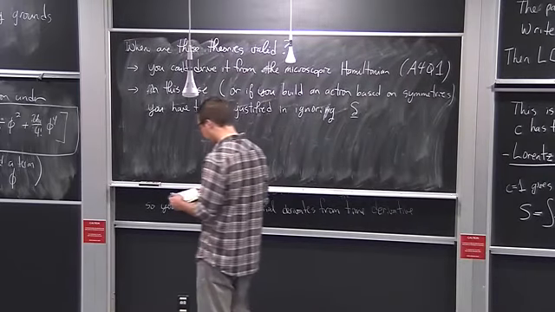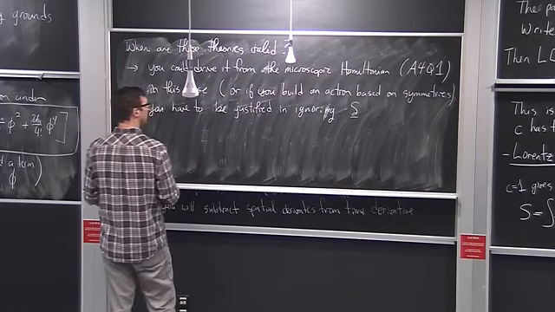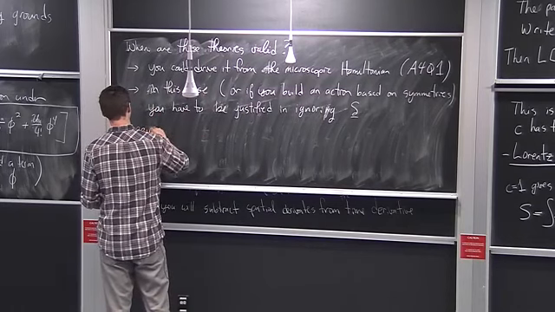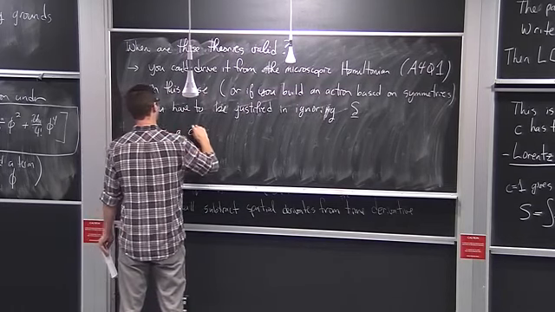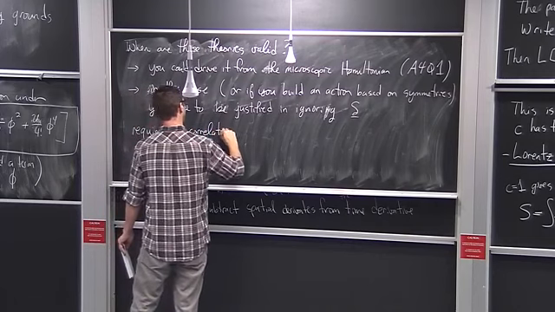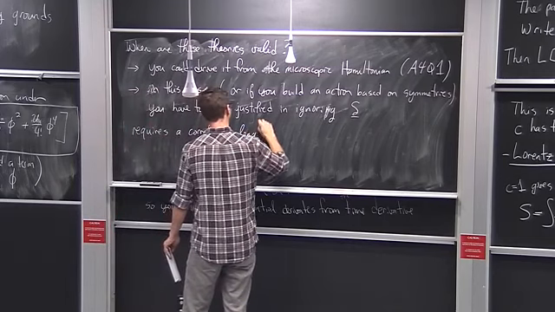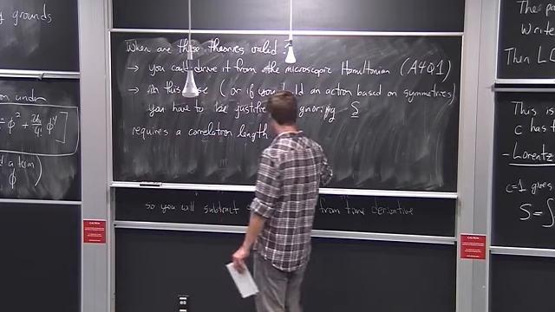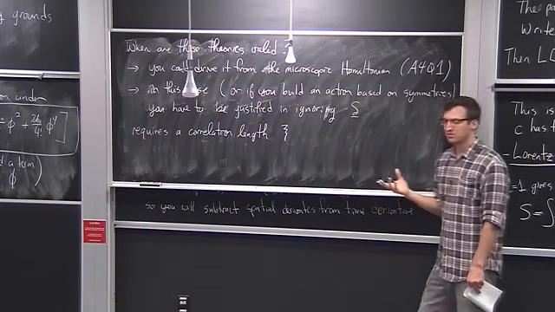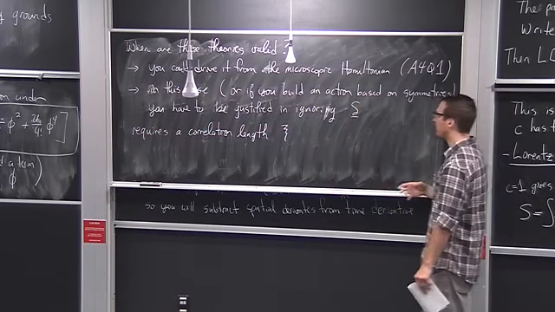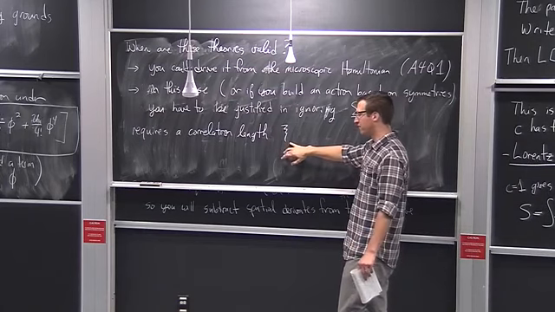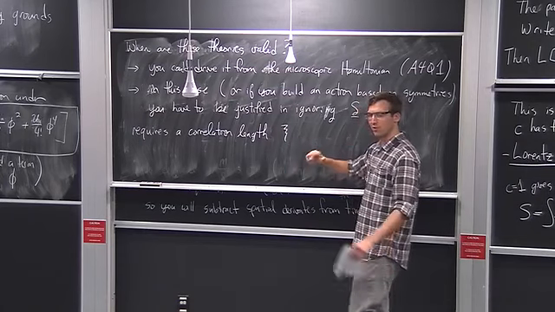So this basically requires a correlation length, which is a measure of the characteristic length scale of correlations in the system.